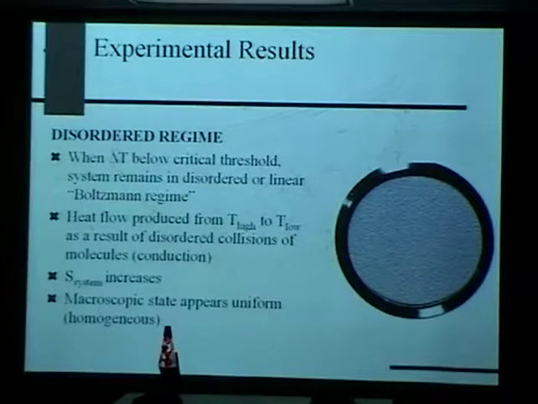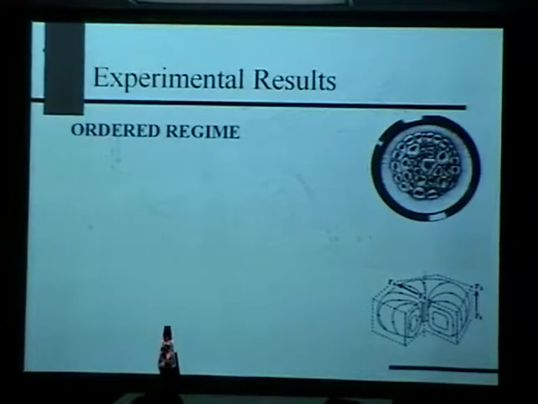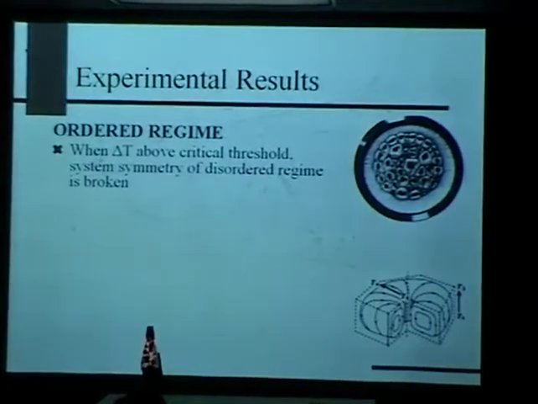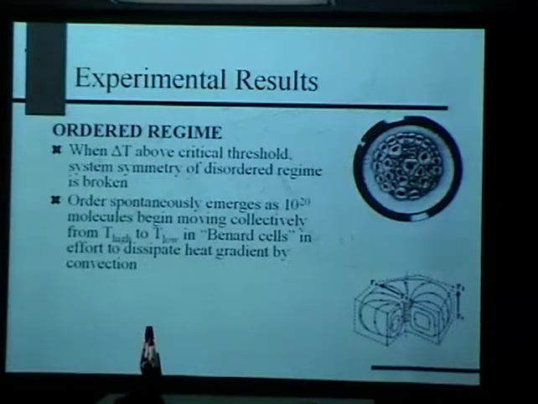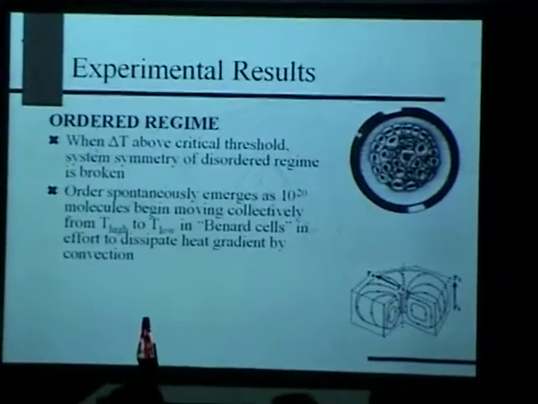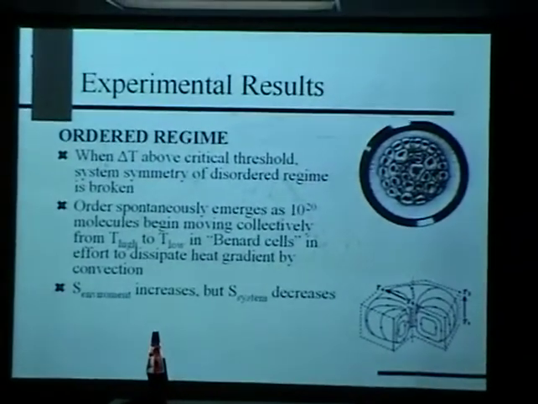But when that temperature gradient gets big enough, all of a sudden we see spontaneous order produced. So when delta T is above some critical threshold, this order spontaneously emerges as you get hundreds of billions of molecules collectively moving from the low temperature to the high temperature in very organized cells, called Bernard cells or convection cells. And they do this because they can very efficiently eliminate that gradient.